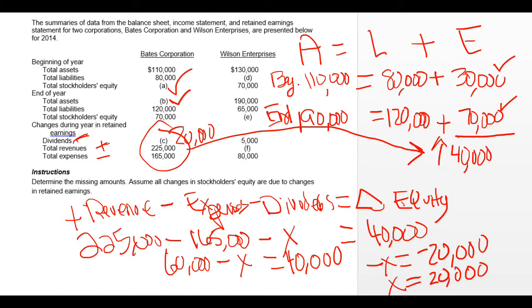Now, because this is getting kind of messy here, I'm going to hit my erase button and then go ahead and back everything in and prove that 20,000 should be the correct answer. So just remember that this 40,000 is the overall increase in equity. So let's prove this.